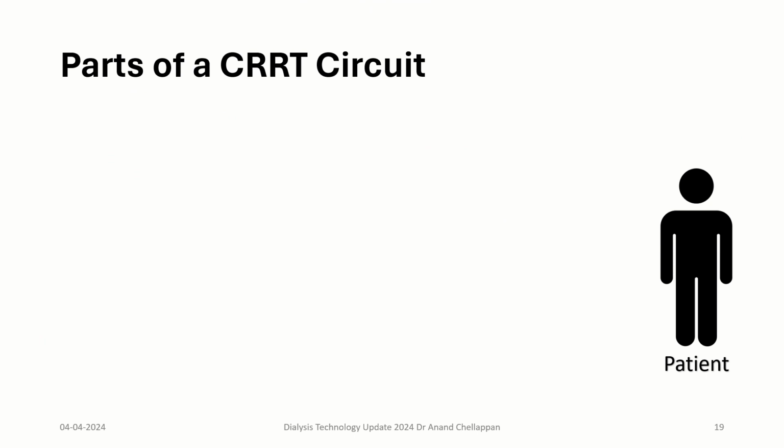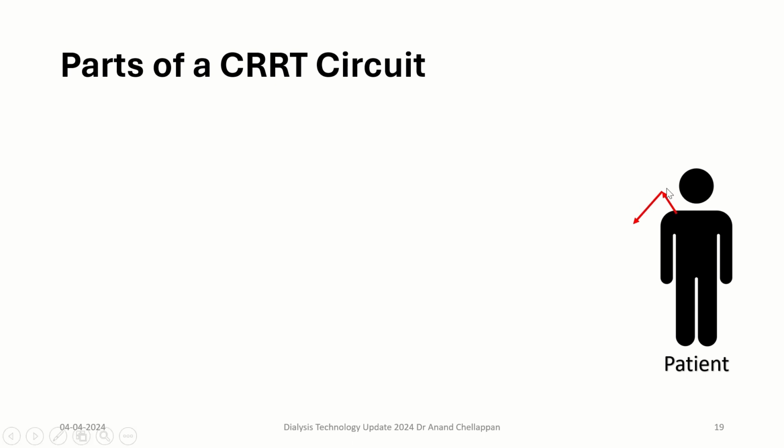Now let us examine the parts of a CRRT circuit with the help of a schematic diagram. In this diagram, we have the patient here. As we discussed in the preceding sections, a temporary or a permanent hemodialysis catheter is a preferred vascular access.